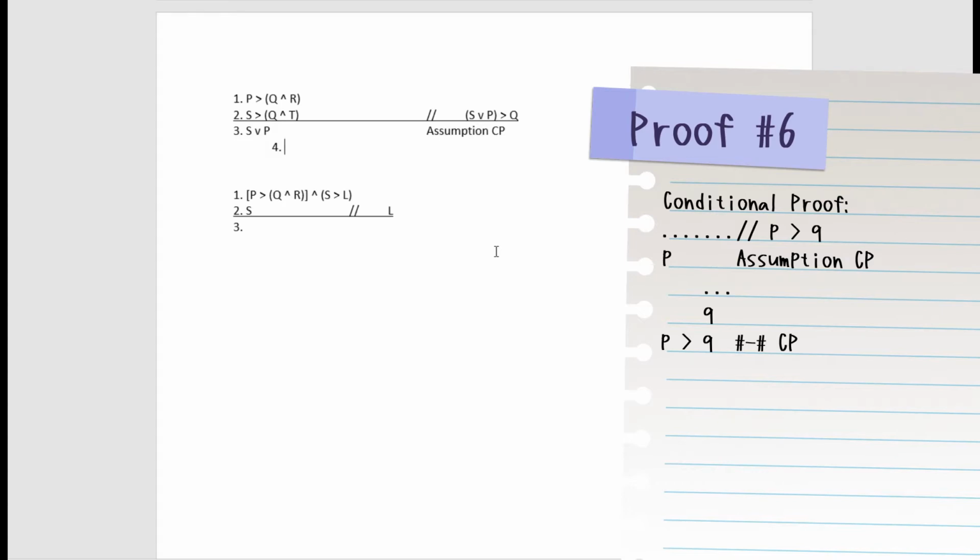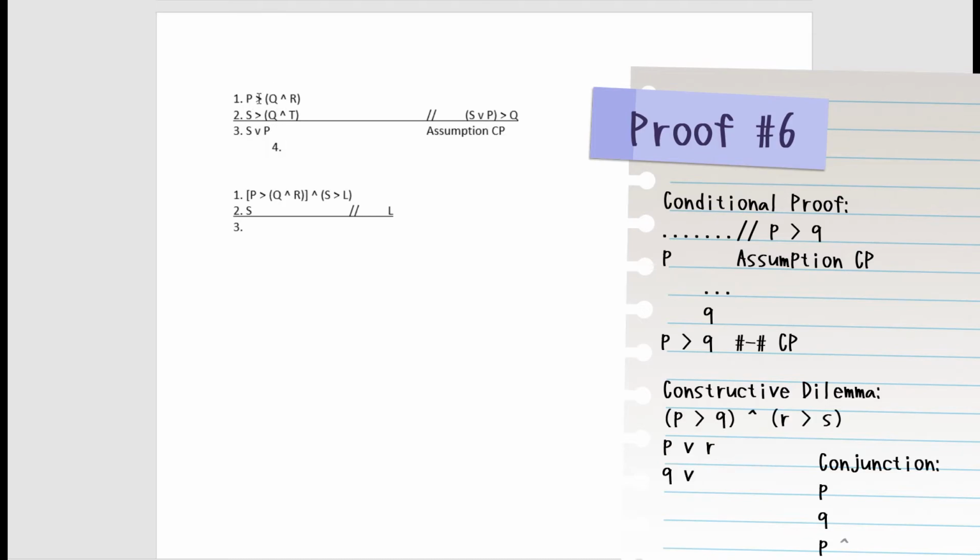Okay, this is a bit of abstract thinking here, but, crazy as this is going to sound, a constructive dilemma between these two big implications would result in C or P, and then we could get these two disjoined together.